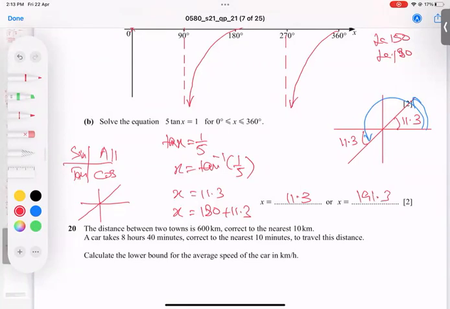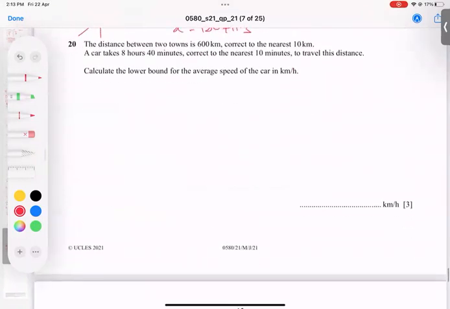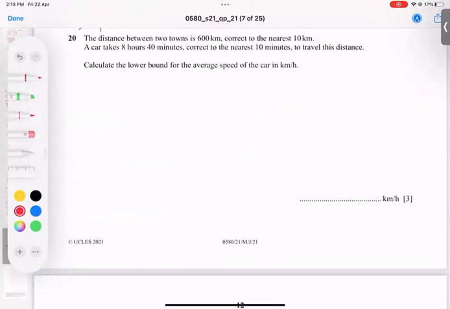All right, it's very, very clear. So after this, the last question we have is the distance between the two towns given here. The distance between two towns is correct to the nearest 10 kilometers, and 10 kilometers means the absolute error is 10 divided by 2, so plus and minus 5.